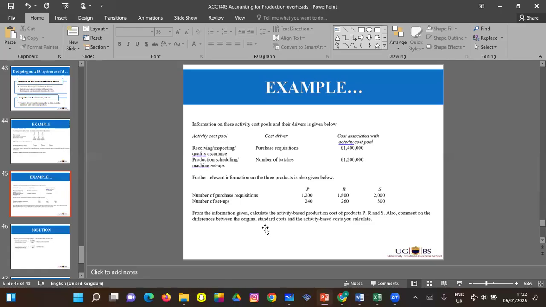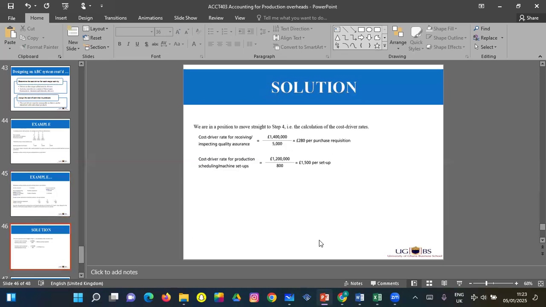From the information given, let's calculate the activity-based production cost of products P, R, and S. Also comment on the difference between the original standard cost and the activity-based cost. Remember, in the normal traditional one, it's total over the actual cost base, right? So here too, we are in a position to move on.